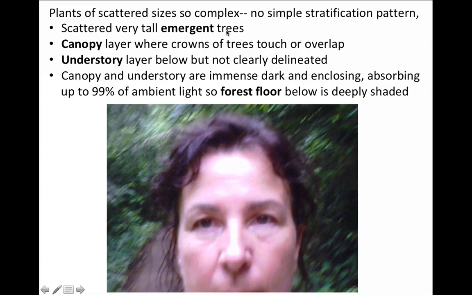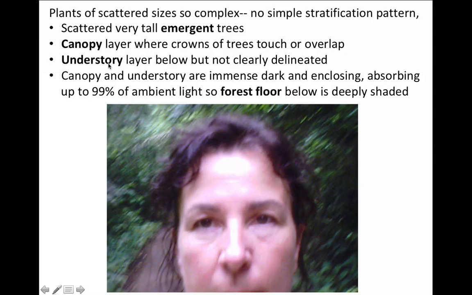They have their crowns poking up above the canopy. The canopy layer is where the crowns of the trees touch or overlap, and it's basically one continuous ceiling, so to speak, of the rainforest. That's where a lot of the life is, in the canopy. And animals can freely go between the crown of one tree to another tree.